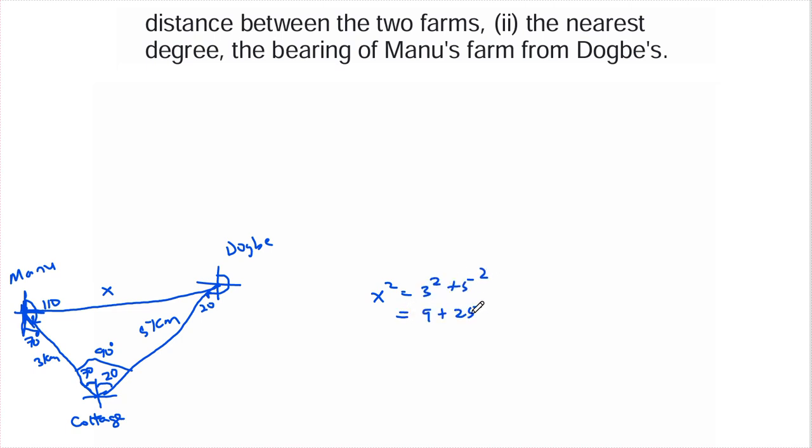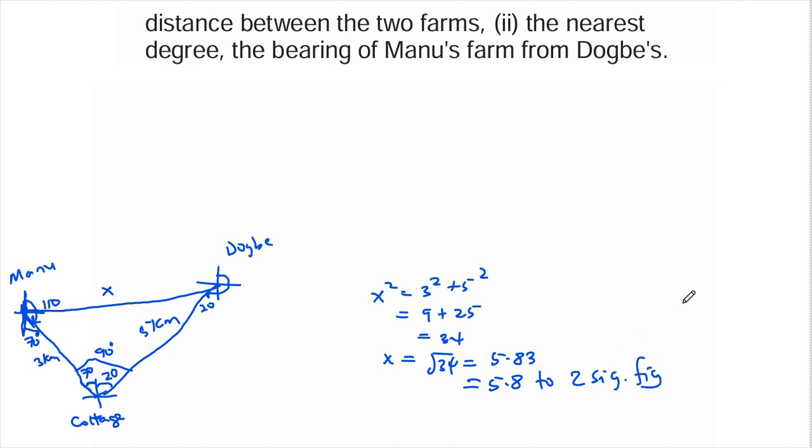So the first question says we should find, to two significant figures, the distance between the two farms. So these are the two farms here. Let me write it X. Now this is 90 degrees, so we are applying the right angle triangle. So x squared equals 3 squared plus 5 squared. That would be 9 plus 25, which is 34.